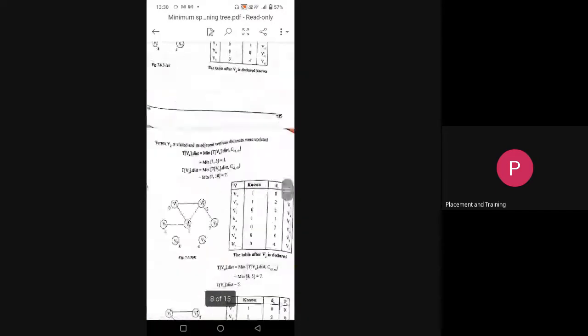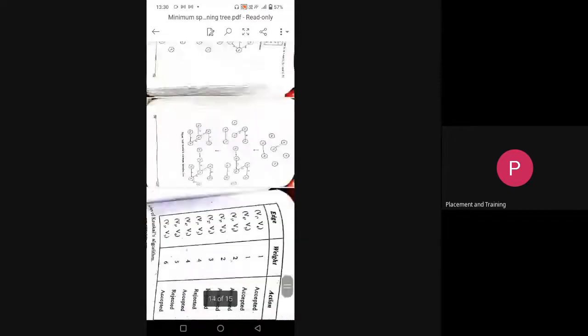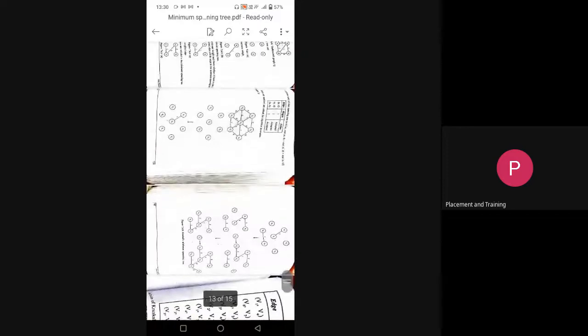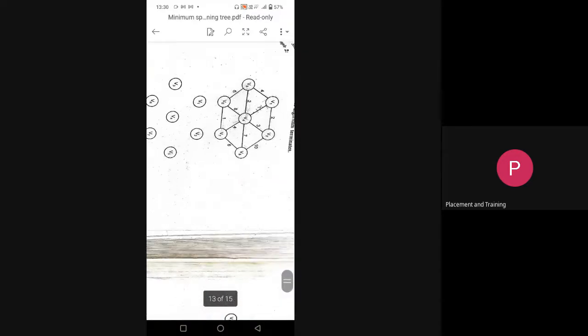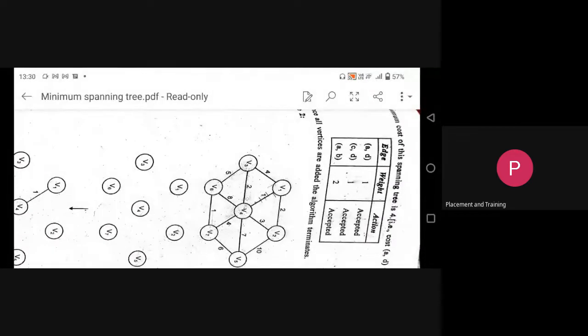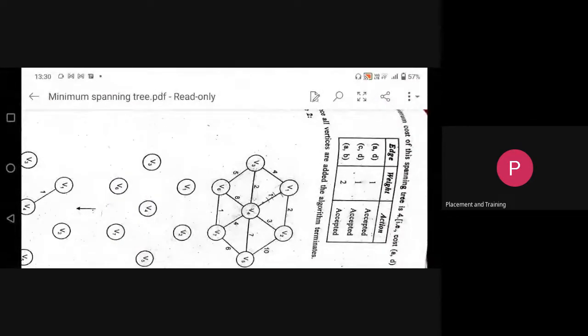So what I will do is here, this is going to be my graph. Okay, the graph is slightly tilted.